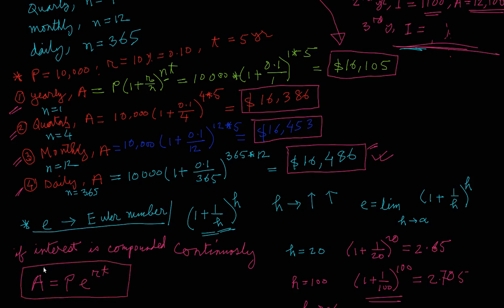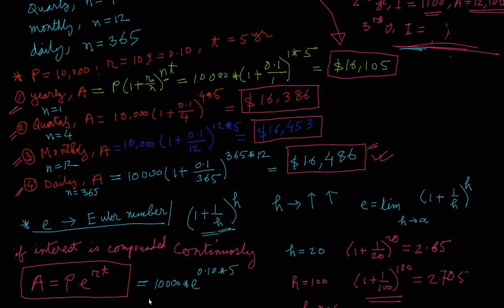All right, so now let's solve exactly the same problem. Let me see how much John has to pay back. So P is 10,000 as before, and e is e, and R is 0.10 and T is 5.